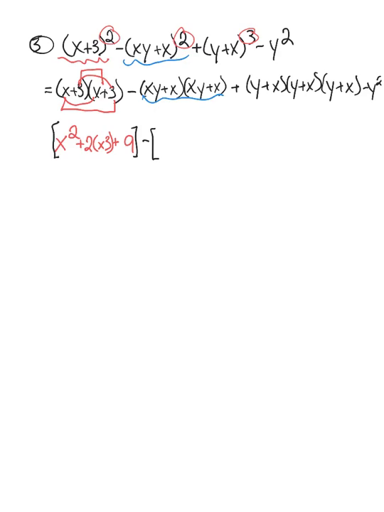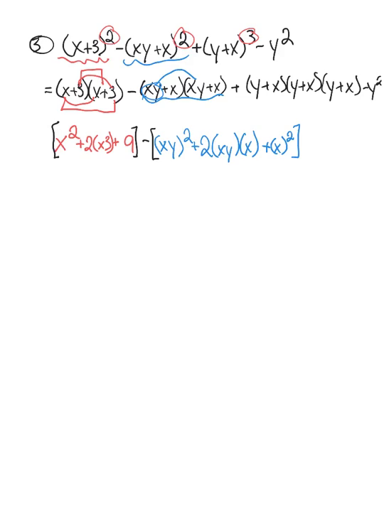So on this one, we're going to have to square our first term, which is xy, all squared, plus 2 times first term times last term, xy times x, plus the last term squared, x squared.